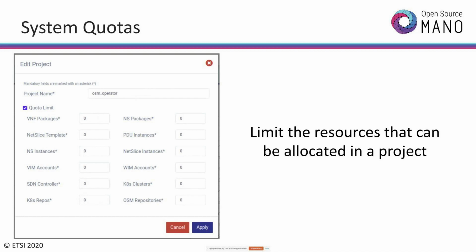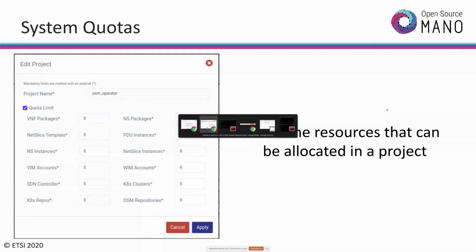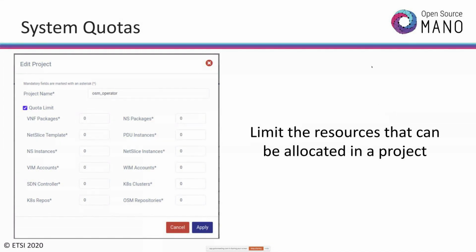Okay. And now system quotas. This feature was born to limit the resources that a project could use. So quotas are set per project, not per user. They can be applied to all items managed by a project. And this is almost everything, as you can see here on the screen, with the exception of user, projects and roles.